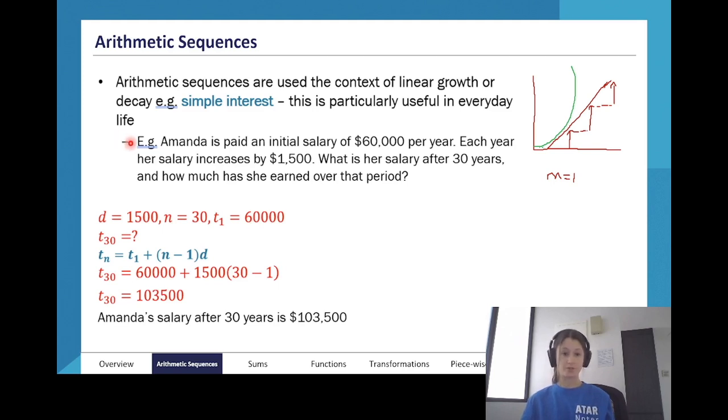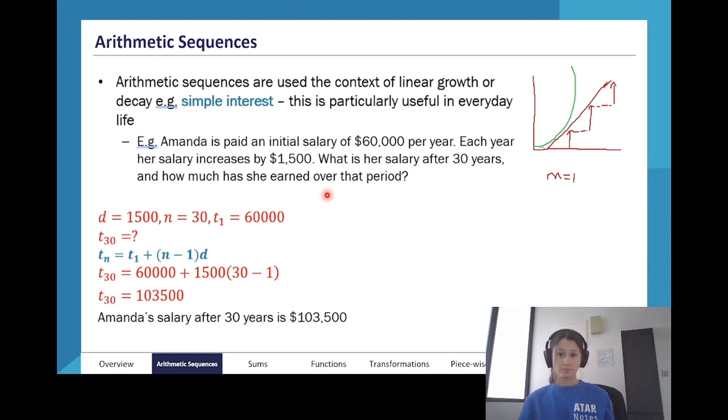So, as an example of a question you might come across, is for simple interest. So if Amanda is paid an initial salary of $60,000 per year, each year her salary increases by 1,500. What is her salary after 30 years and how much has she earned over that period?